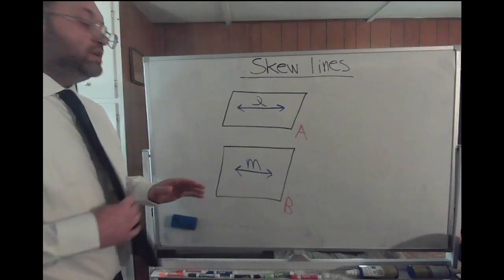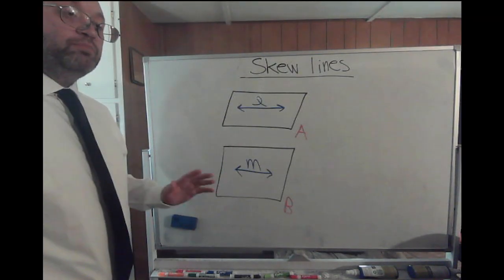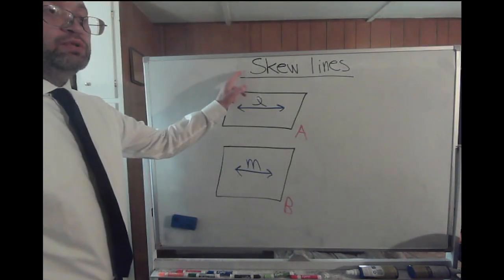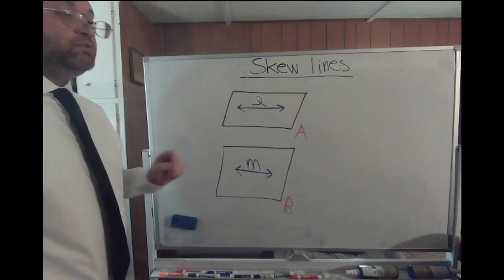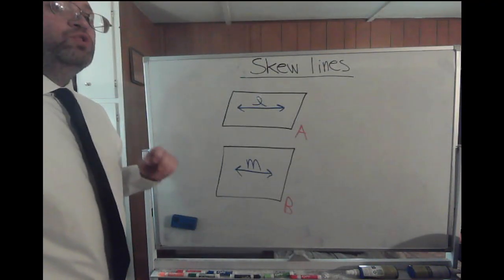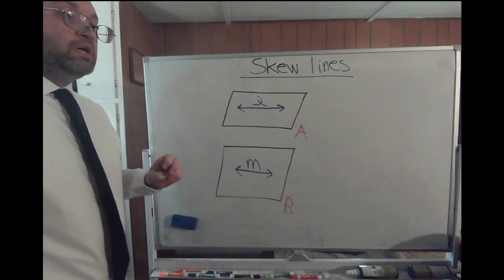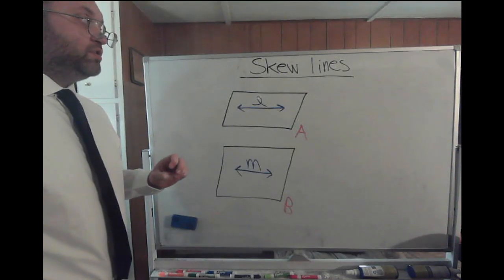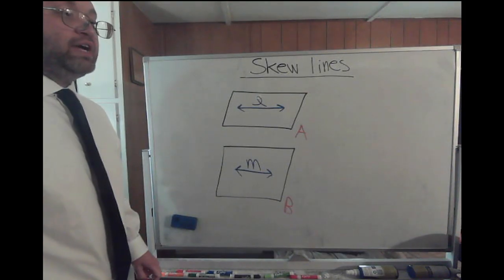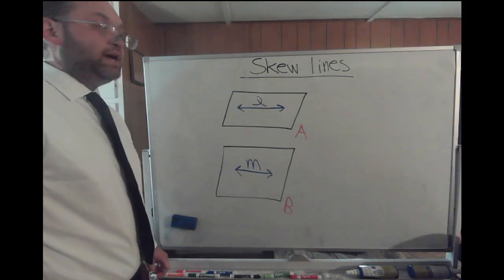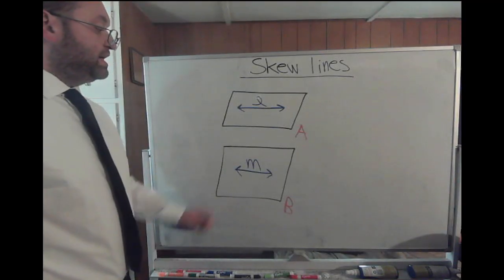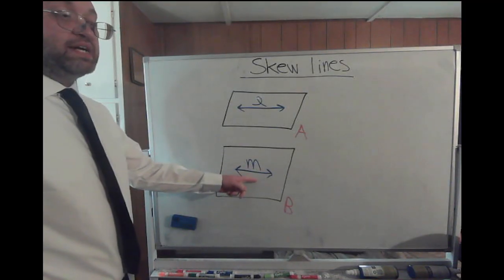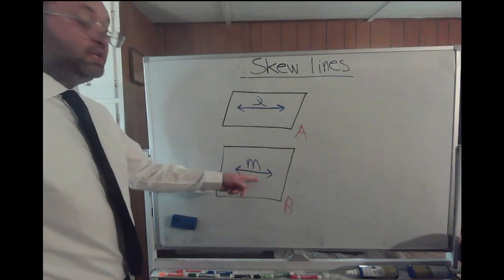When you have two lines that are in separate planes, those are called skew lines. Skew lines are neither parallel nor intersecting. They're kind of a special class of their own, and you probably haven't heard of skew lines until now, but skew lines are neither parallel nor intersecting because they're not in the same plane.